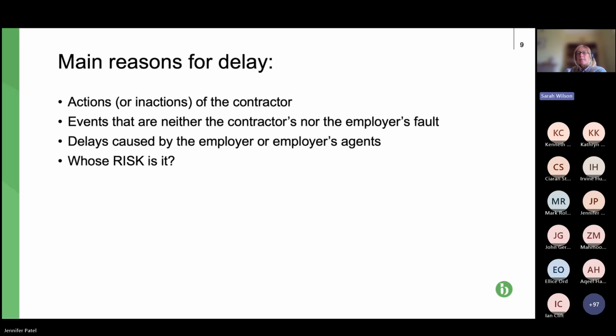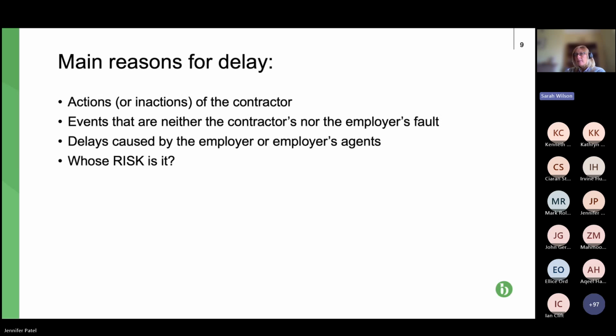So they're the sort of key processes in NEC. As I say, there's very, very little in JCT around programming. Typically, you would have some form of programme sewn into the contract, not always, and quite often it will be a pretty vague programme, not what I would refer to as a baseline against which you can necessarily measure delay.